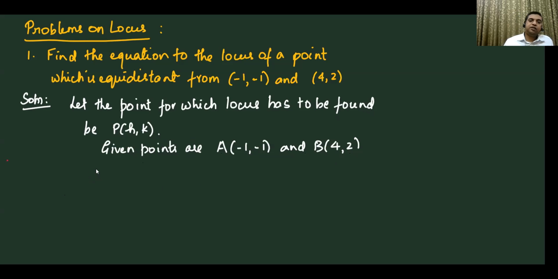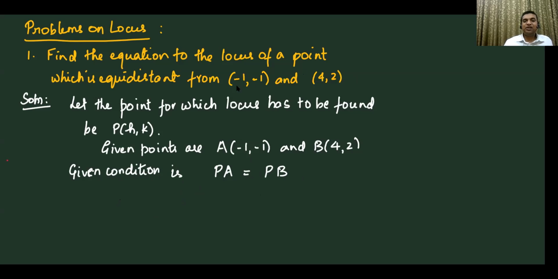All right. Now, given condition is that PA, distance of point P from A, is equal to the distance from point P to B. PA is equal to BP.